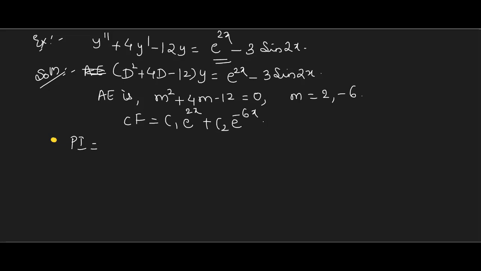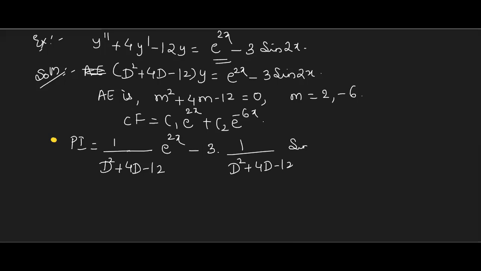So this is 1 upon D square plus 4D minus 12 operating on the first term, e raised to 2x, minus. Now the second term is 3 into sine 2x. Can you take anything out? What is constant? 3 is constant. 3 comes out. Yes. Okay. Now sine 2x.